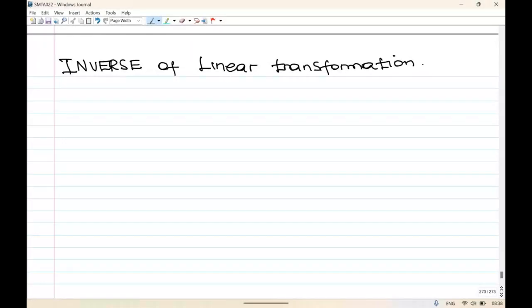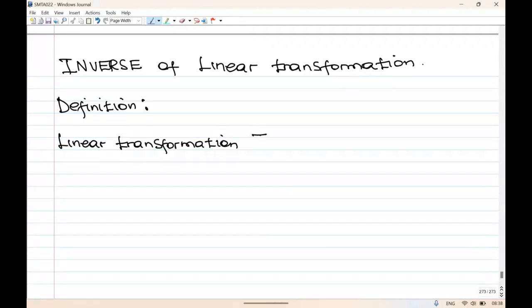So now, the definition for this one. We have a linear transformation map T from vector space V to vector space W, is said to be invertible.